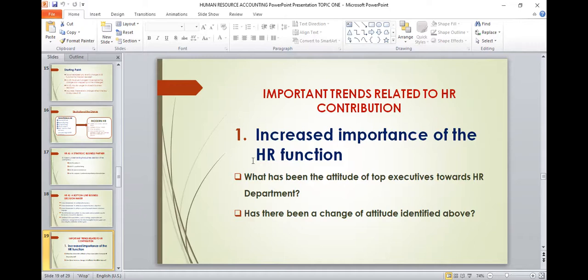Now we can proudly say that HR has advanced because we have CEOs who have an HR background. This simply tells us that HR has increased in its importance. So these are the changes that have just taken place in HR.